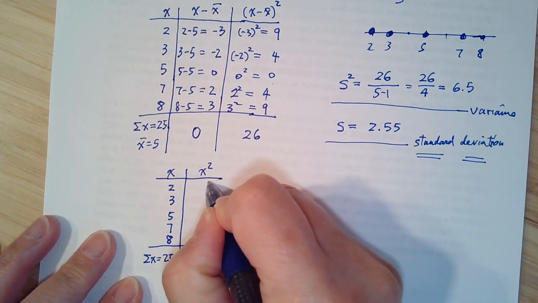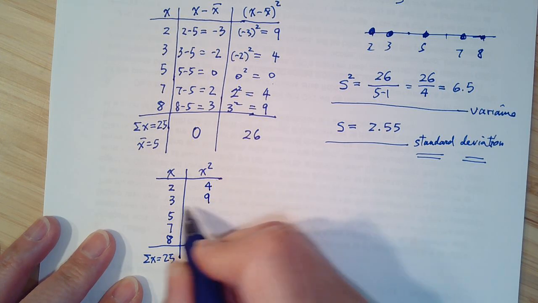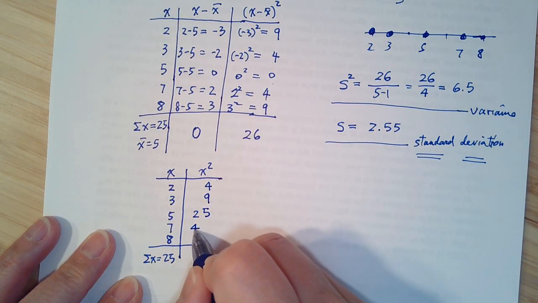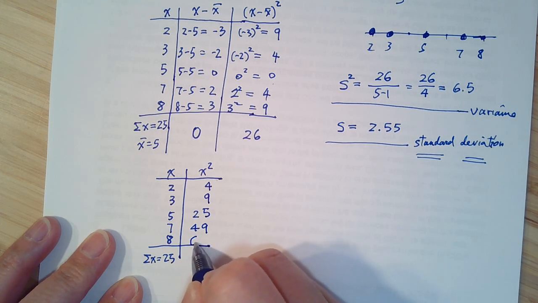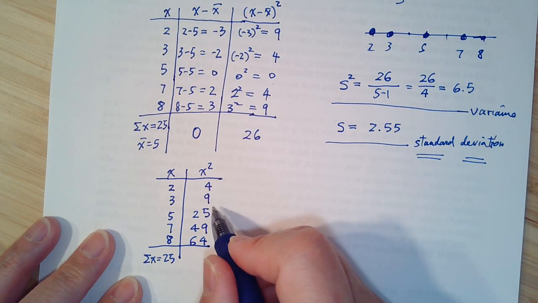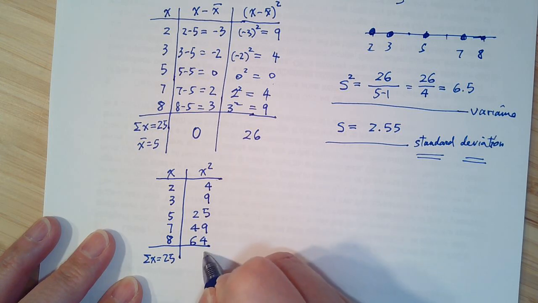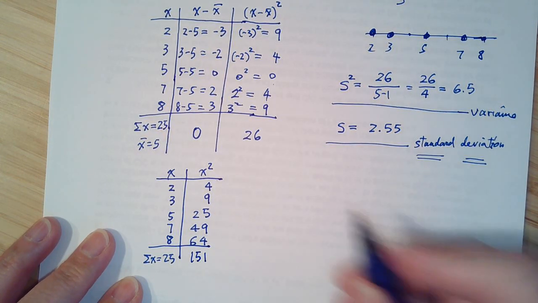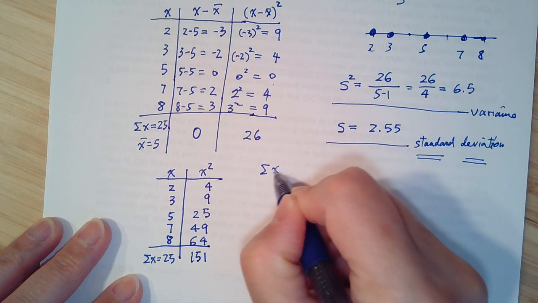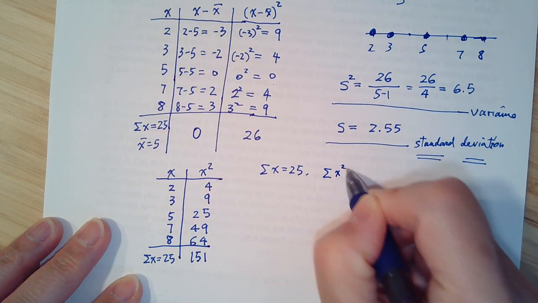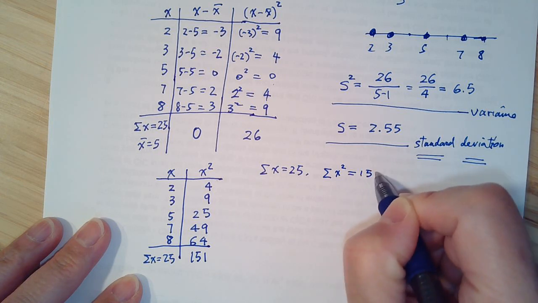So I get a 4, I get a 9, right? 3 squared is 9, 5 squared is 25, 7 squared is 49, and 8 squared is 64. Now I'm going to add all those numbers up. So there will be 1, and then I'm going to put 3, so 151. All right, so I have sigma x is 25, and the sigma of x squared is 151.